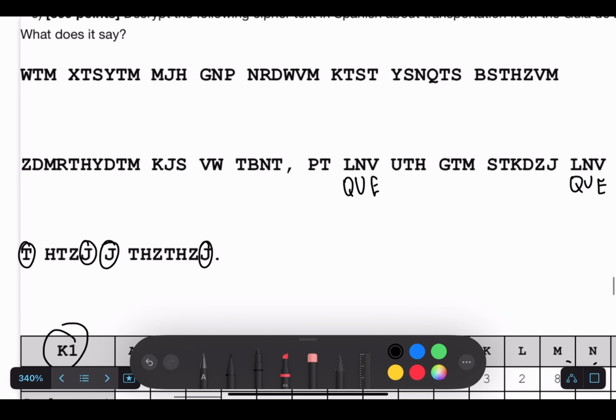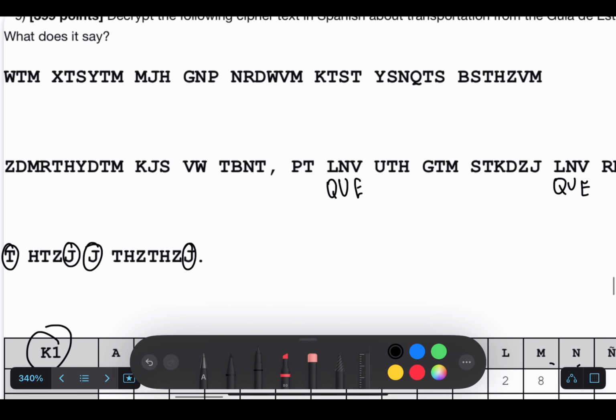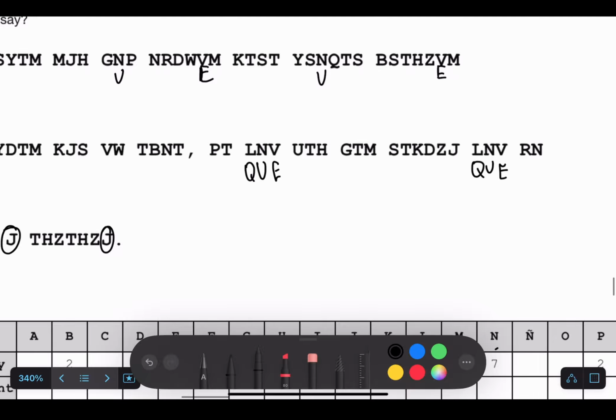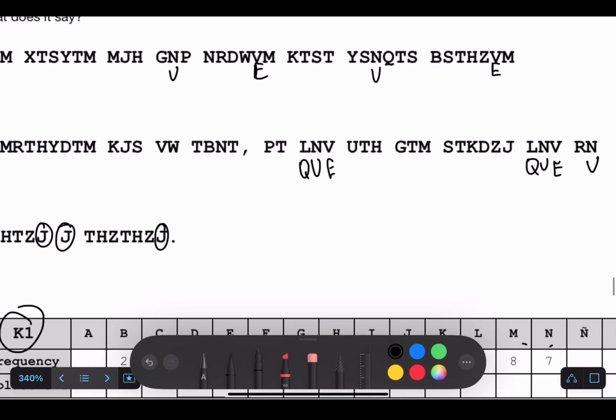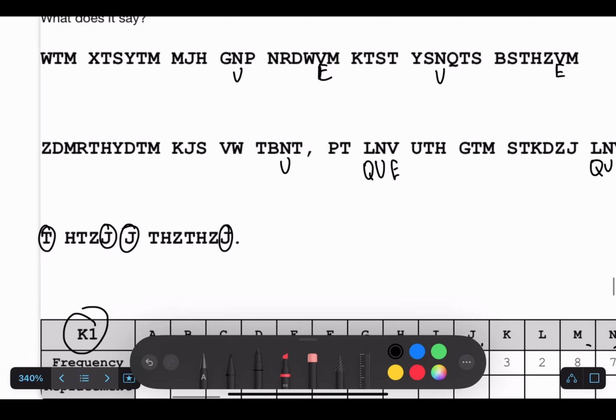Wherever I have these letters, I'm going to fill it in. So that's going to be a U, this is going to be an E, U, E, U, and then it's also going to be U, and I believe that is all.